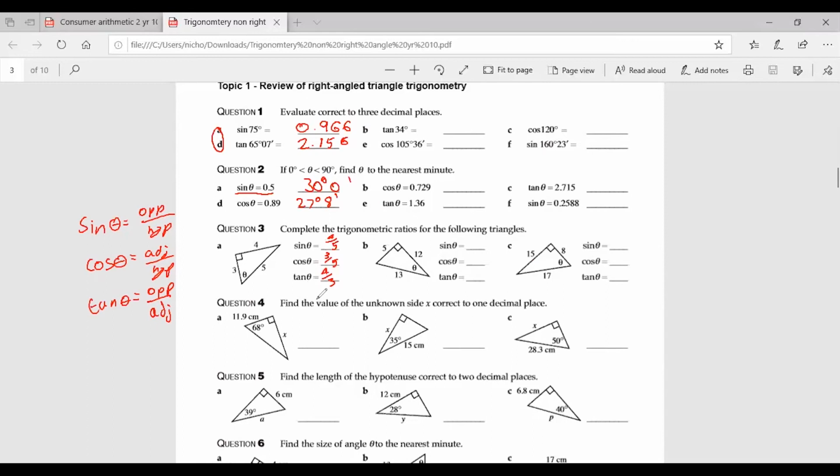And what about this one: find the value of the unknown side, x, correct to 1 decimal place? How would you find x here? What'll be the first step?